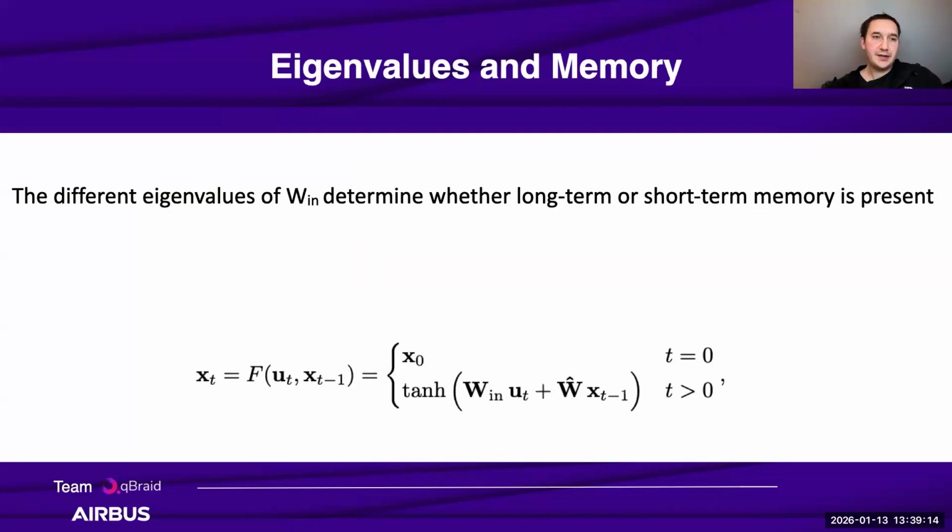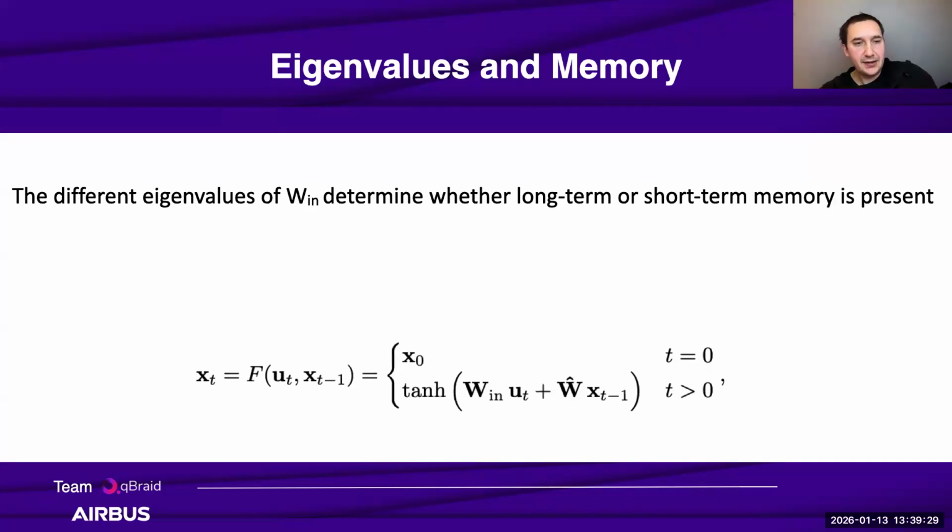When you look at the matrix, in this case W, the eigenvalues of that determine whether it's trying to remember long-term dynamics or short-term dynamics.